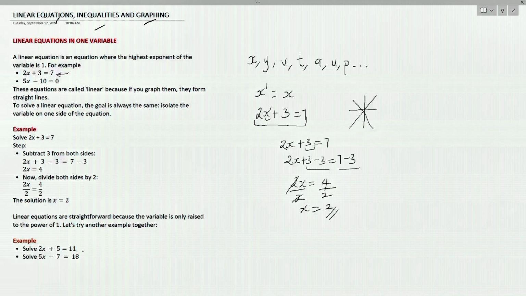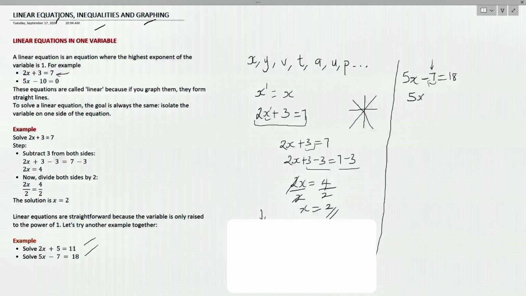Now we have some other examples here, and we're going to solve 5x minus 7 equals 18. We've been subtracting the constant term from both sides. Now we're going to add the constant term to both sides because 7 comes with the sign minus. So to remove 7, we have to add 7 to both sides.